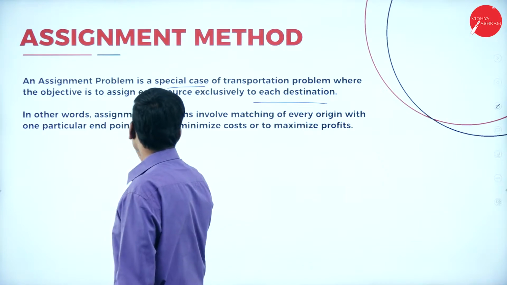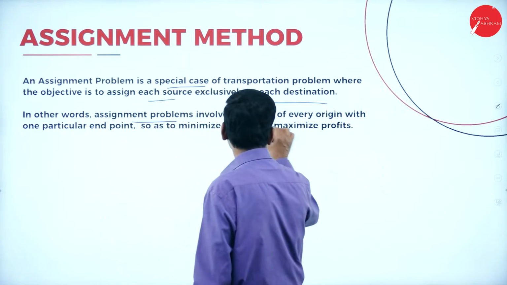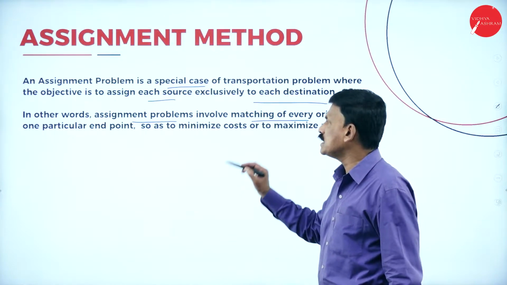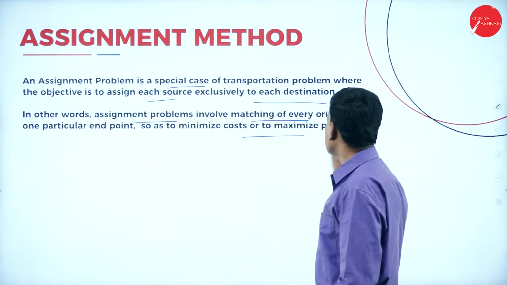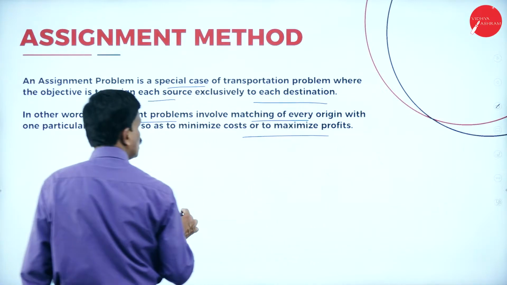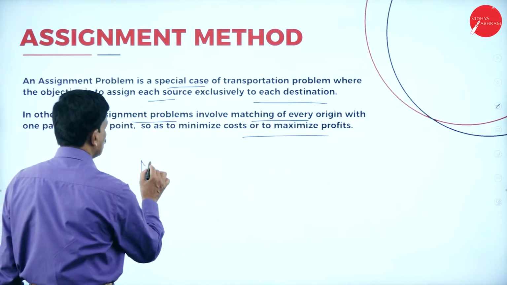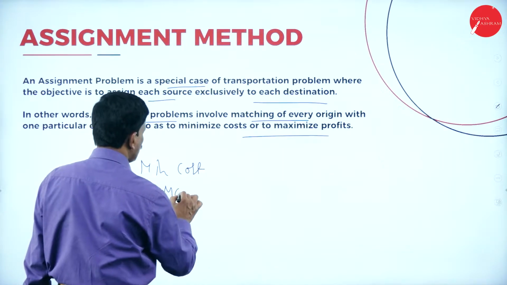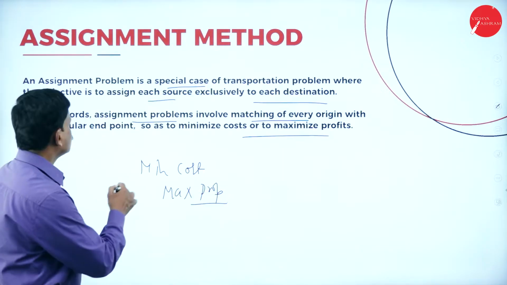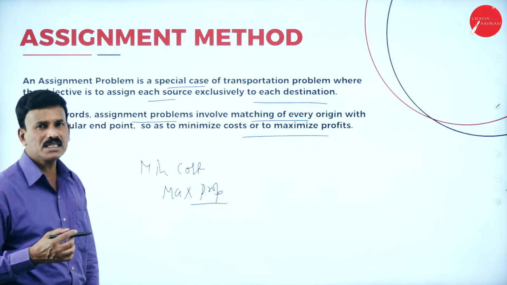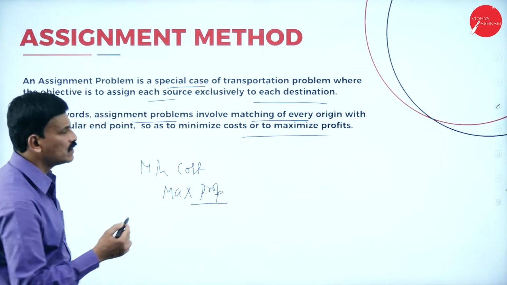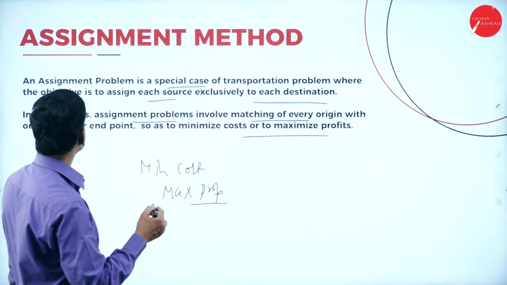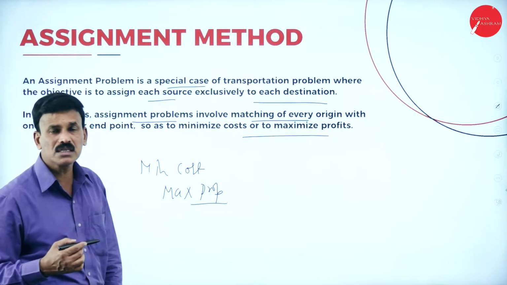In other words, the assignment problem involves matching every origin with one particular endpoint so as to minimize the cost or maximize the profit. So as to get the minimum cost and the maximum profit, we assign a particular job to a particular person. That is called an assignment problem.